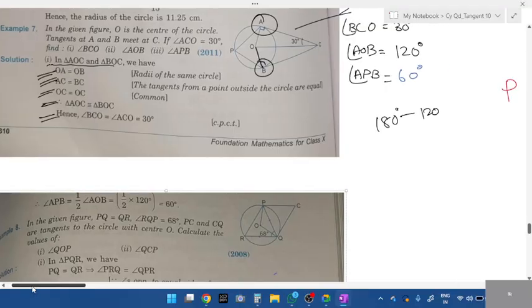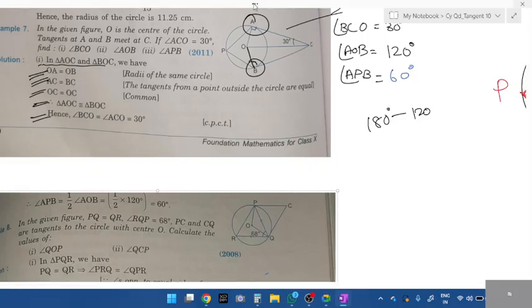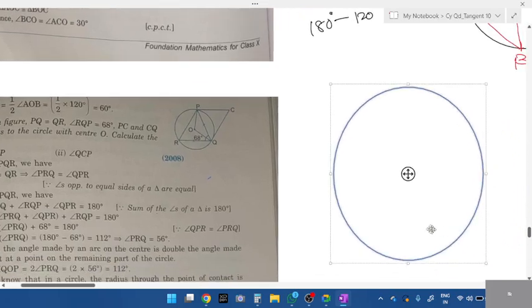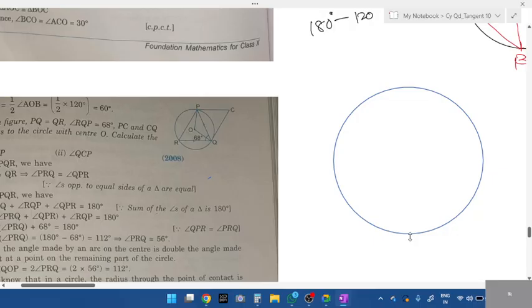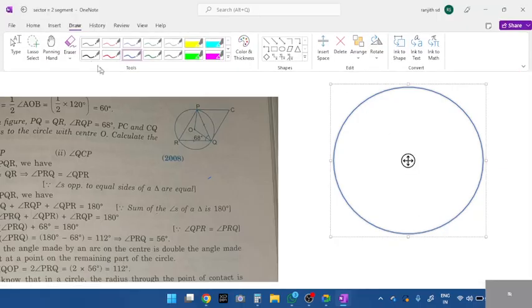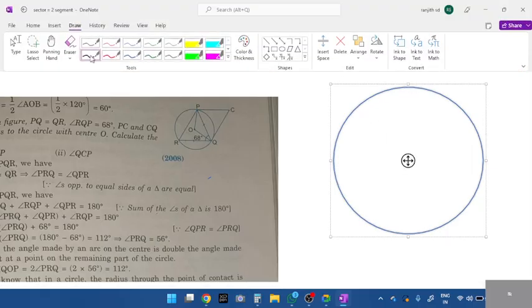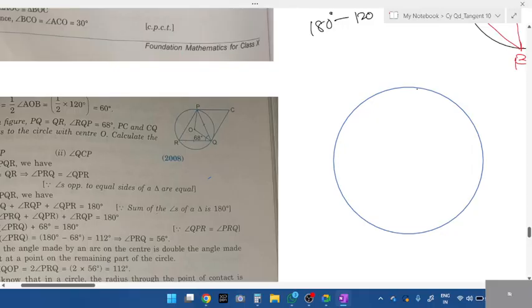If you go as per the textbook, it is very tough, students. Now let me draw this. We'll try to solve this question. Last question. By 7:30, we'll end the class.